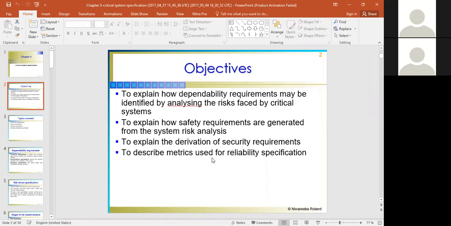Explain how safety requirements are generated, as part of your dependability requirements. Explain the derivation of security requirements, and describe metrics used for reliability. We shall look at the first two, and then next week we shall look at the rest.